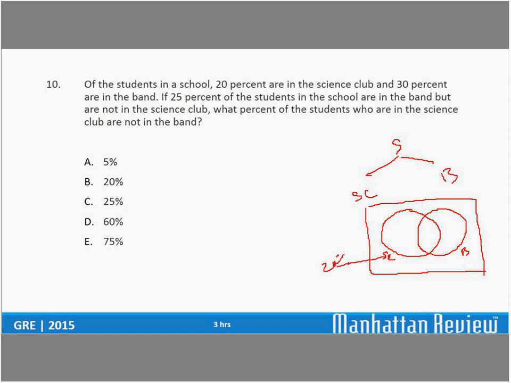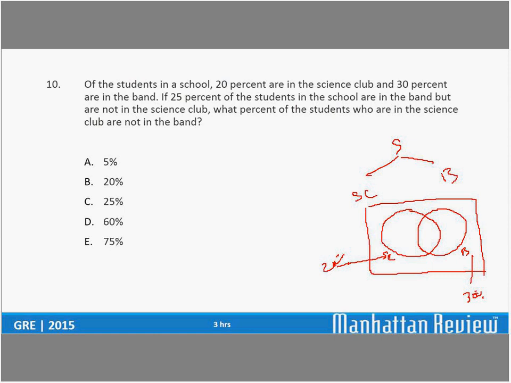How many people are there in the science club? It is 20%, and in band there are altogether 30%. There is a possibility that all the people in the science club can also be in band, because this is only 20 and this is 30. And there is a possibility that there need not be any intersection. Suppose all boys took band and all girls are in the science club; now your intersection is zero. Now look at the second statement.